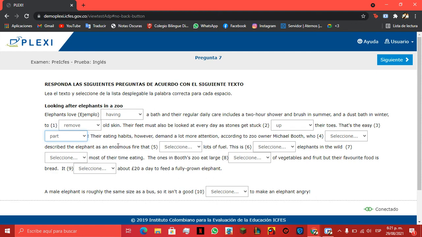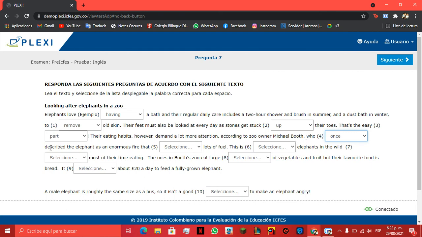Their eating habits, however, demand a lot more attention, according to zoo owner Michael Booth, who now, before, once, then, described the elephant as an enormous fire threat. I think the correct answer is once, because it's a description he made in the past, one time.